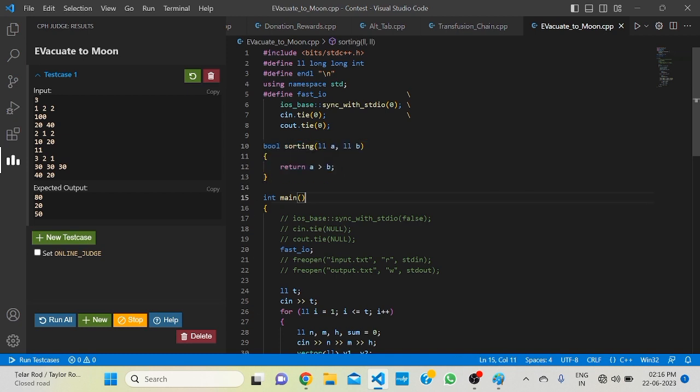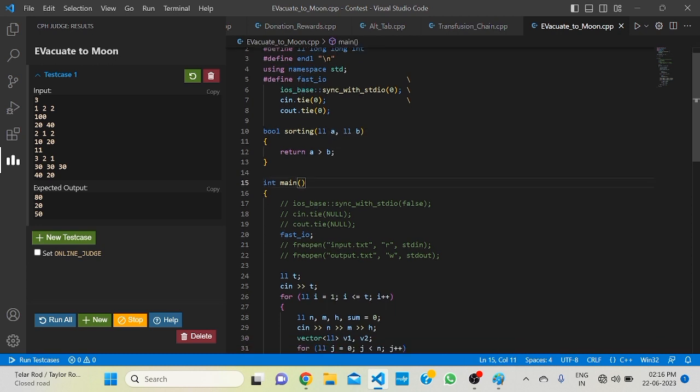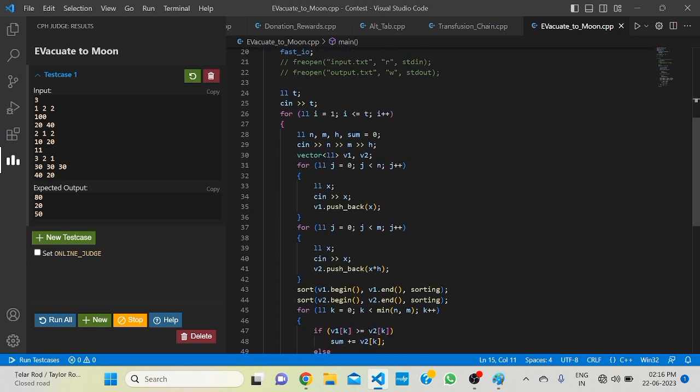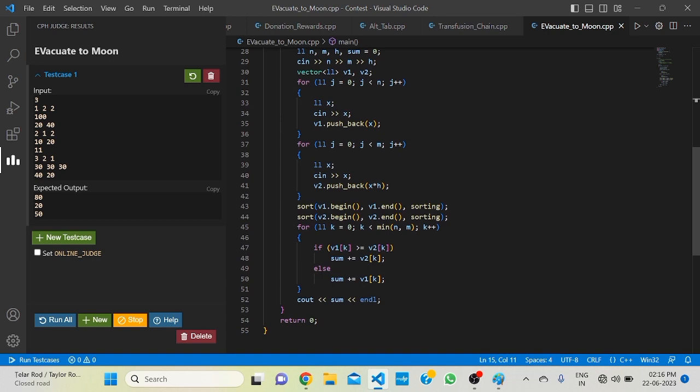That is, if two variables are supplied to this boolean function, then it will return firstly the greater one and then the lesser one. So it will sort our vector in decreasing order.